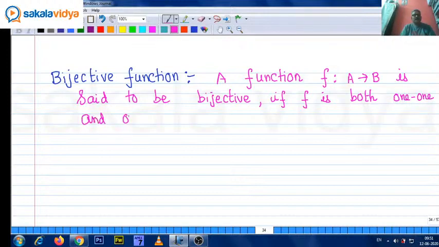That is called bijective function. It should be 1 to 1 as well as onto function. Then it is called bijective function.